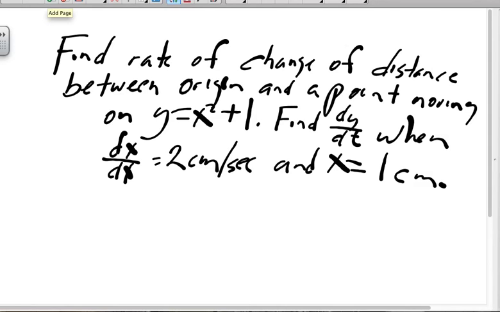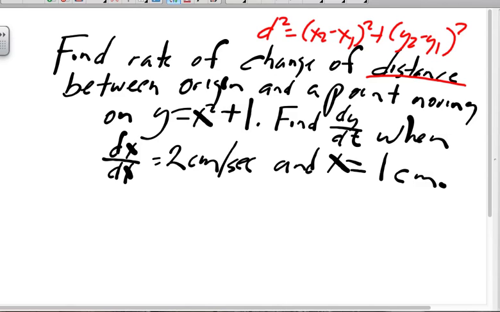Okay, there's some key words in here. Distance formula. All right.